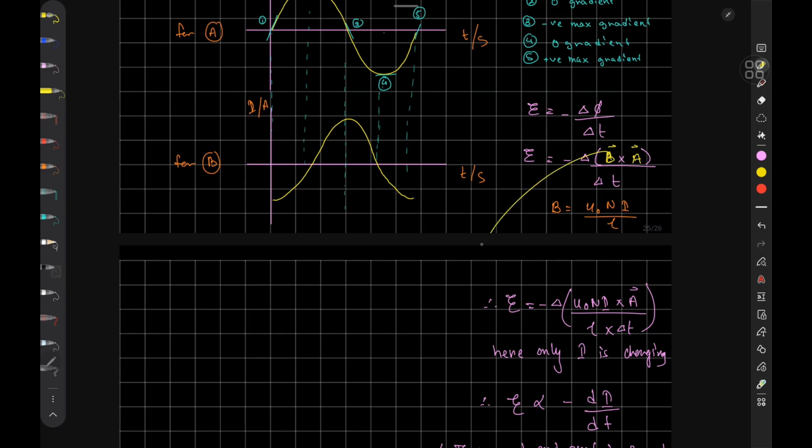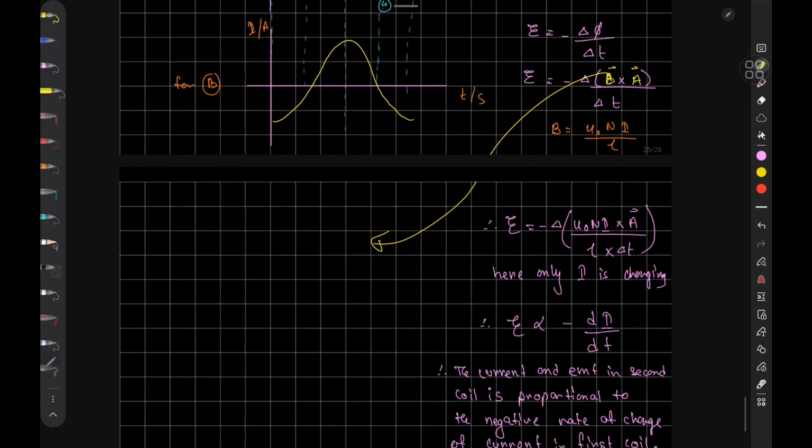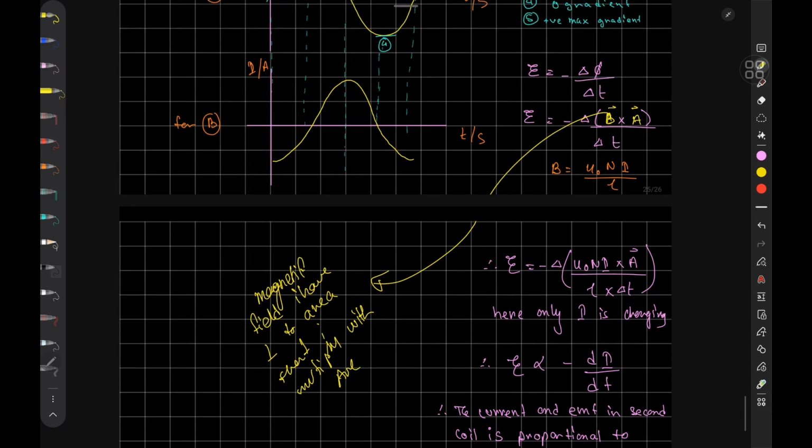Okay, so what this tells in essence is what magnetic field I have perpendicular to area, that I multiply with area, and we get a certain value of flux.